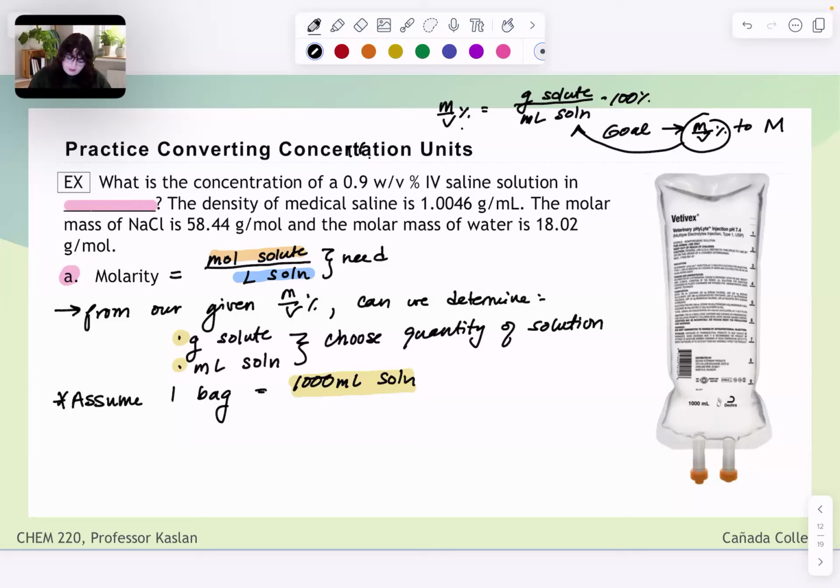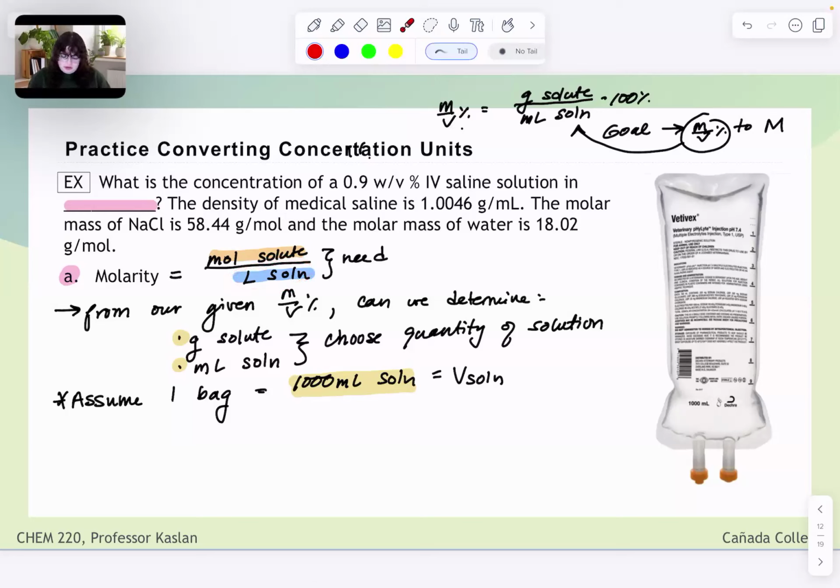So let's see if we can make some connections here. We've started with this assumption, and we're not going to abandon it. We've assumed that we had a bag of our IV solution, and that bag on the label says that it contains 1,000 milliliters of saline. So because I've assumed that I have one bag of my saline solution, I now have something that relates volume of solution, which is a term that I need in my molarity.